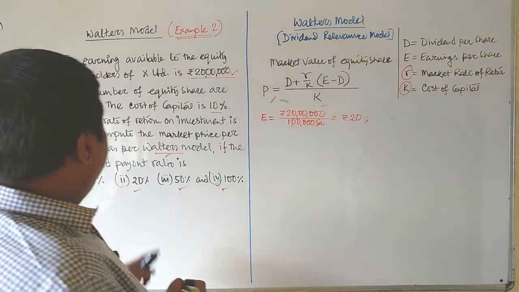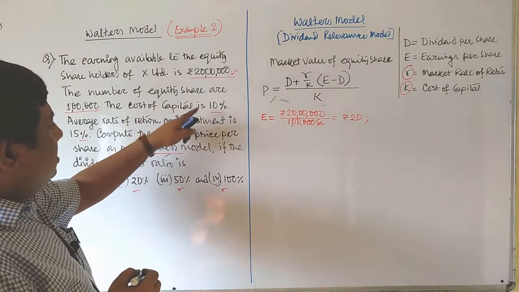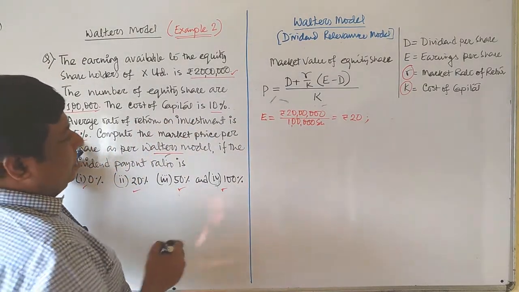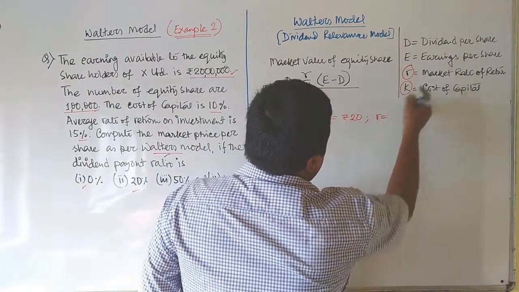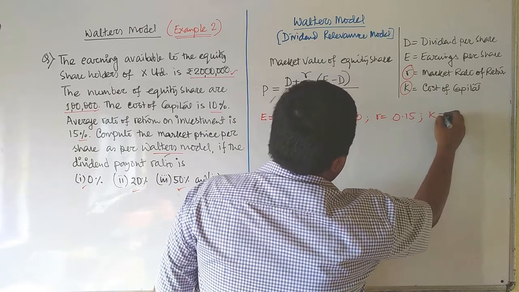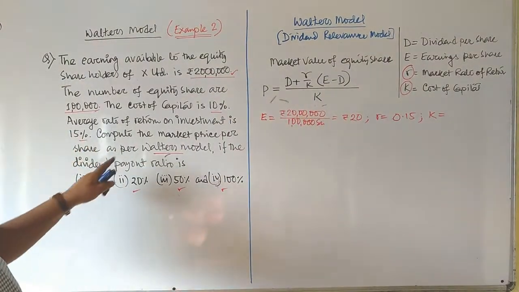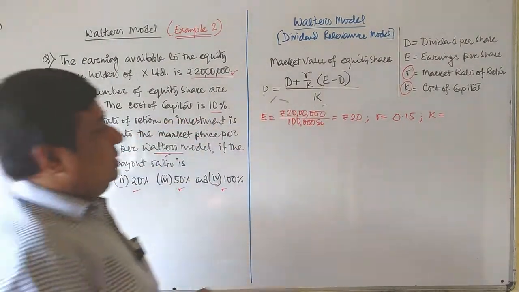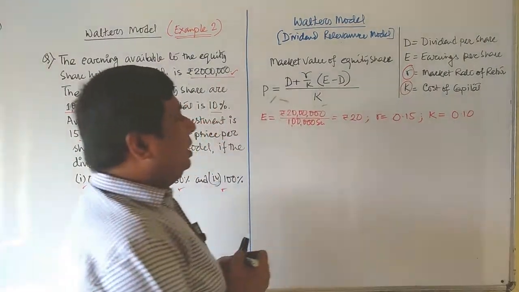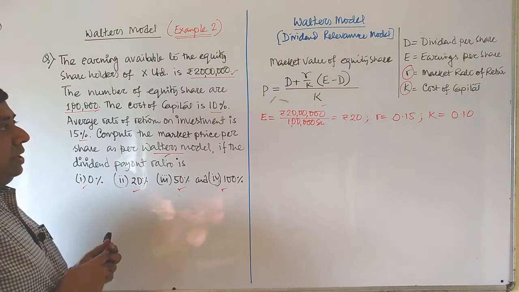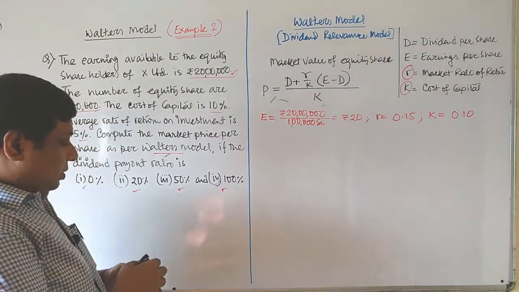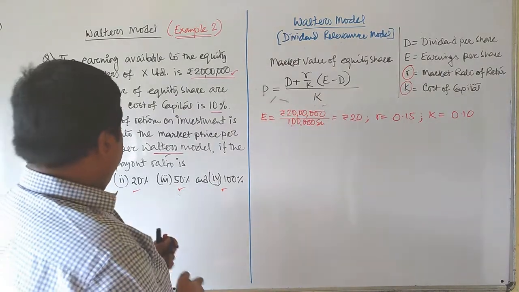Then K, cost of capital, is 10% and rate of return is 15%. Then R stands for market rate of return, that is 15%, and cost of capital K available, that is what percentage? 10%, that is 0.10. Now depending upon the 4 specific conditions, or rather 4 specific dividend payouts, we are going to calculate market value per share.